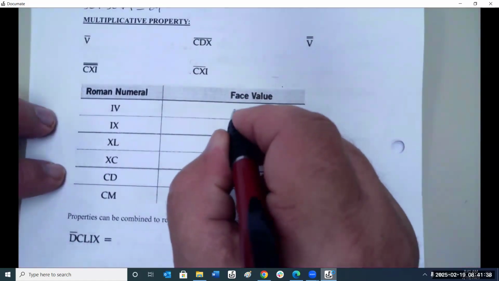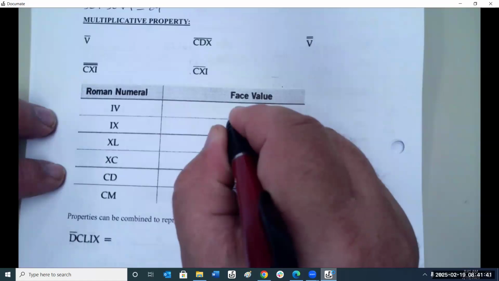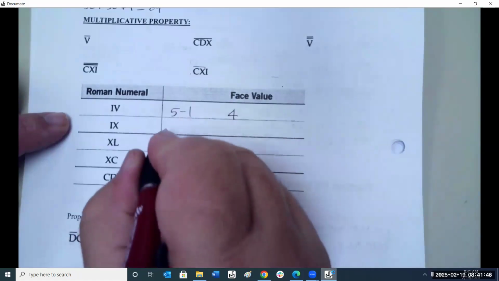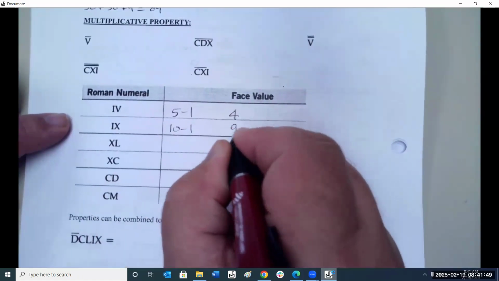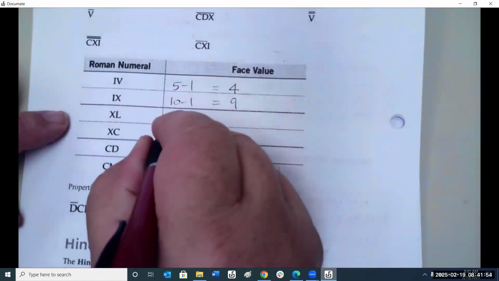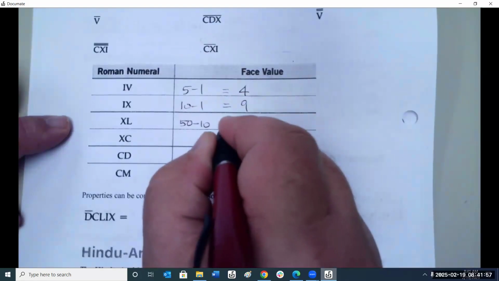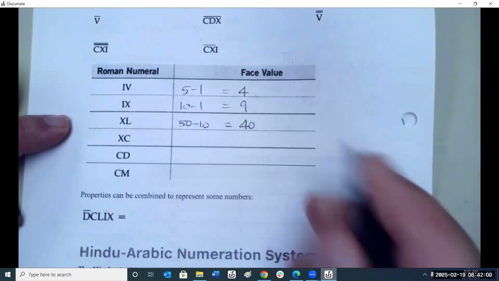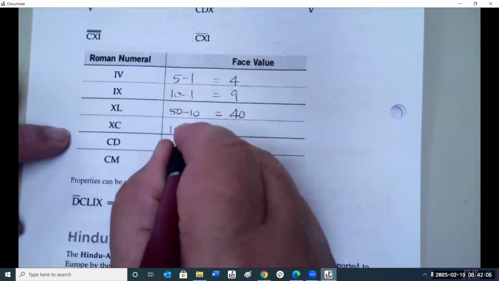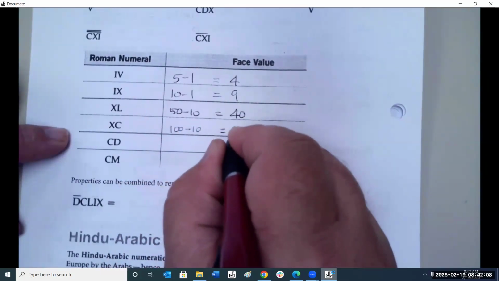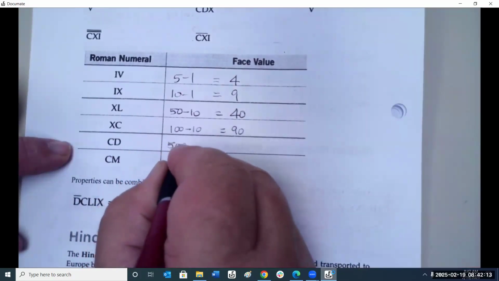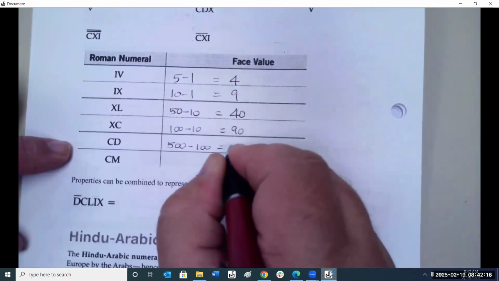What's the first one? Because it's 5 minus 1. This one is 10 minus 1 is 9. 50 minus 10 is 40. 100 minus 10 is 90. 500 minus 100 is 400.